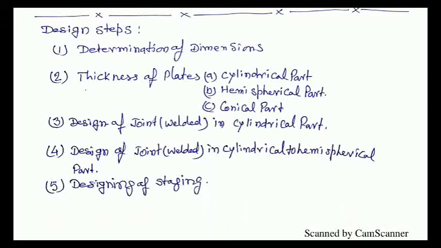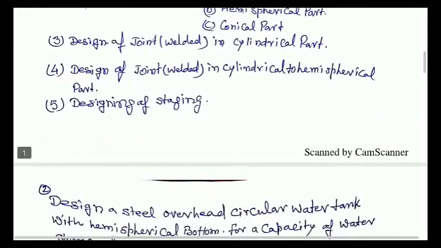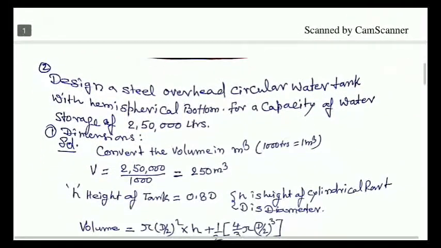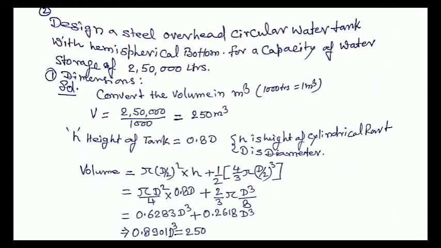Then design of the welded joint in the cylindrical part, and then design of the joint between the cylindrical and hemispherical portion. And lastly, fifth, designing of staging. But you have already done it in Design of Steel Structures part one, so we will not take it in this. So come to the design part.